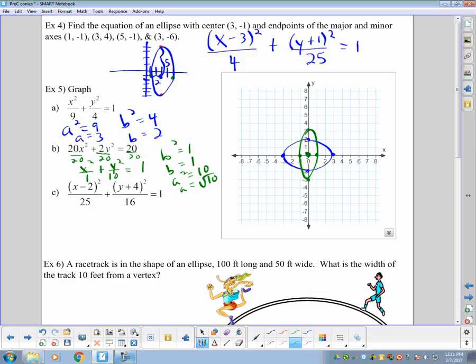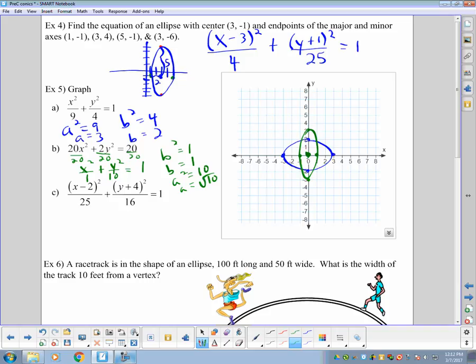So first thing you had to do is divide through by 20 to set this equal to 1, get it in standard form. Then we can tell that b, the length of the semi-minor axis, is 1. And then the length of the semi-major axis is square root of 10.